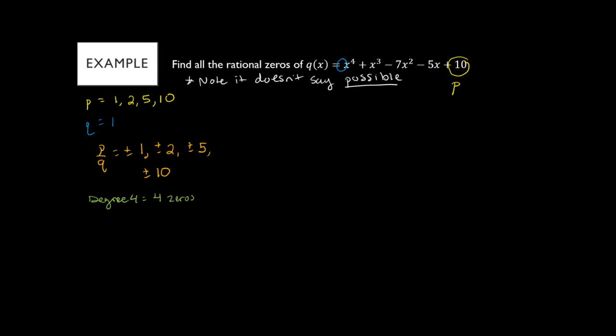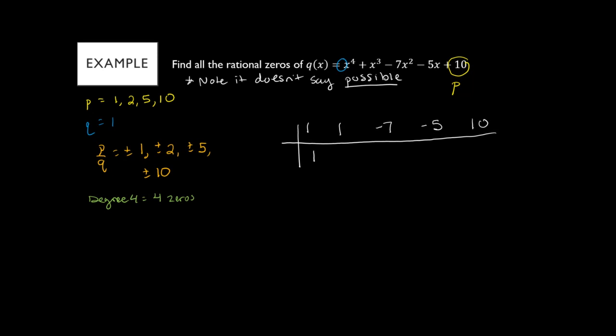So what I'm going to do is set up my synthetic division. I'm going to take the coefficients of our polynomial. 1, I have another 1 for the x cubed, and I've got -7, -5, and 10. The first number always drops down.